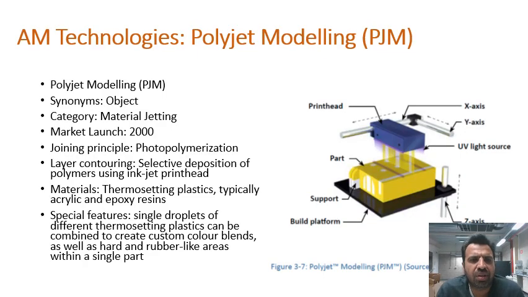Polyjet modeling, also known as Objet, is based on material jetting. It was launched in 2000. Parts are produced in a typical polyjet modeling process by simultaneous jetting of photopolymers and UV curing. Typically, acrylic and epoxy resins are printed using polyjet modeling.